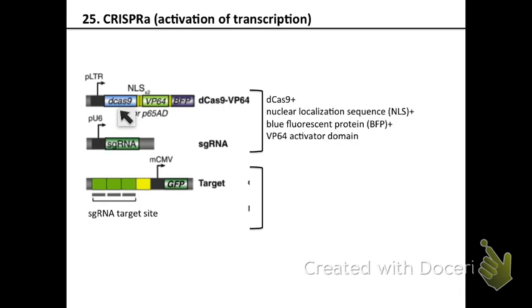What they did is they have the dCas9, fused to an activator domain, in this case coming from a protein called VP64. Again, they have the fluorescent protein. Then they have another construct making the sgRNA, and then they have a reporter expressing GFP, with several target sites at the promoter region of this GFP.